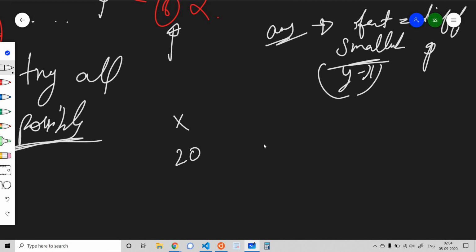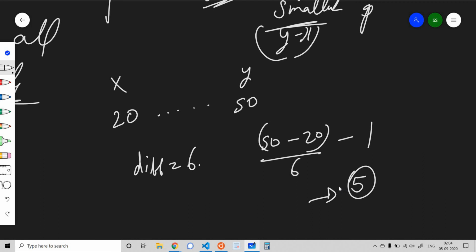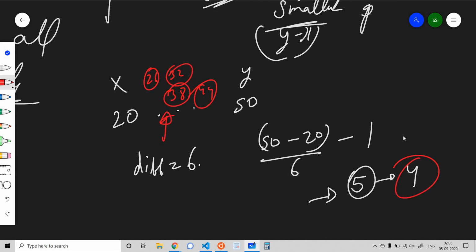Suppose we have x as 20 and y as 50, and if we are using div equal to 6, then the number of middle elements we can put is (50 minus 20) divided by 6 minus 1, which comes out to be 4. So it would be 26, 32, 38 and 44. These would be the 4 locations where we would be putting our elements.